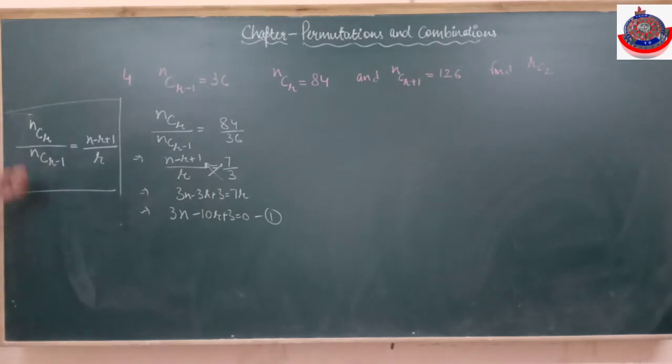Alright, so we have applied the rule: nCr upon nCr minus 1 will be (n minus r plus 1) upon r.